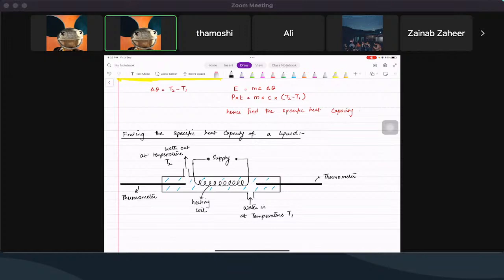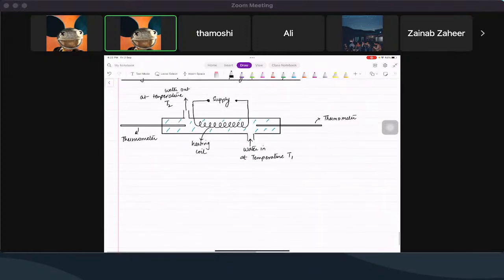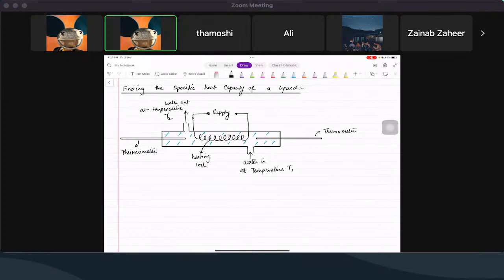Okay. So now, first of all, if you look at this, there is no insulation over it. If there is no insulation, it means heat loss is going to occur.